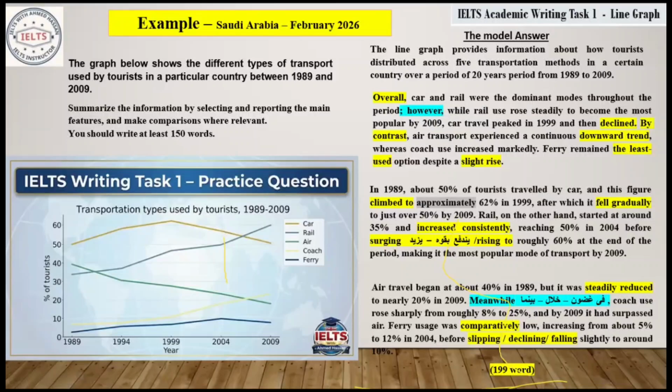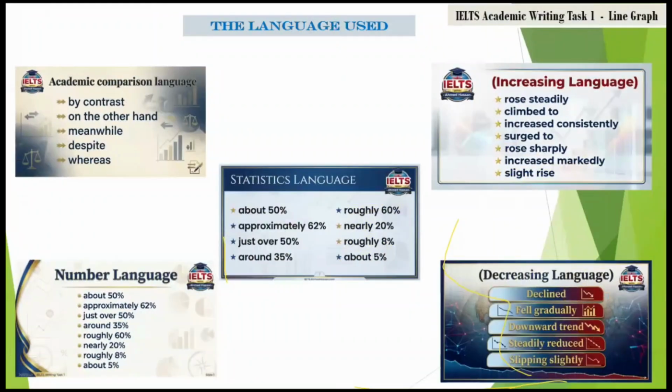Now we finished our report. Let's move to the number statistics that we used. The number language. If you look at your report, you will find 5 different types. You will find comparison language, statistics language, number language, increasing language, decreasing language.